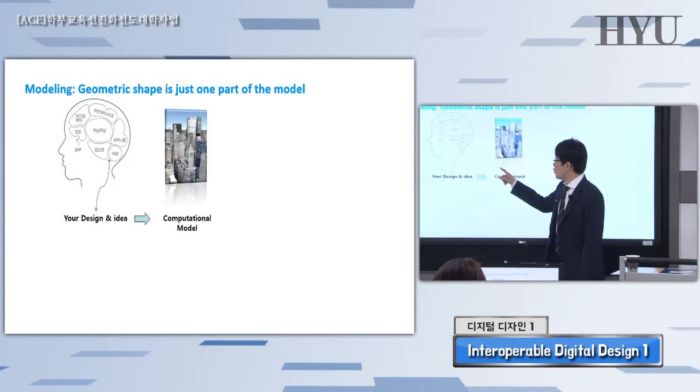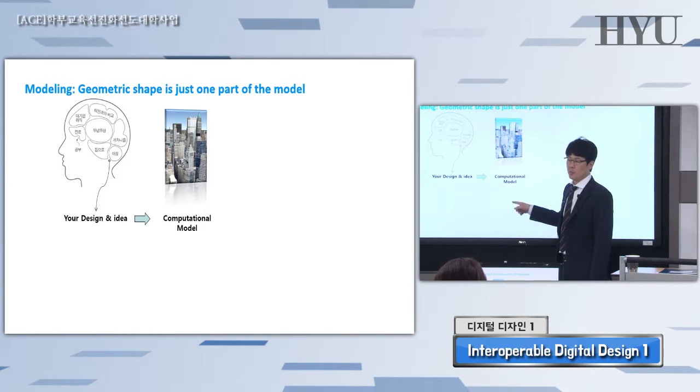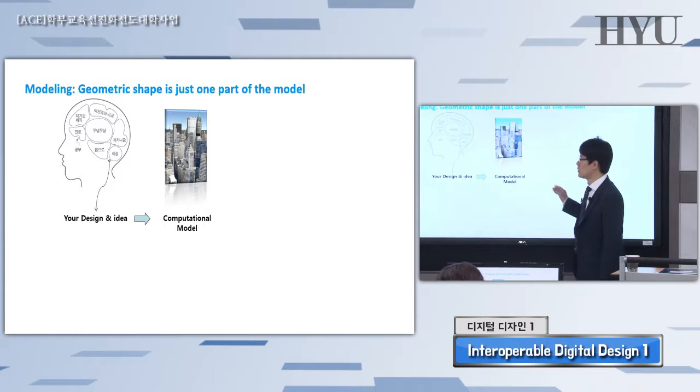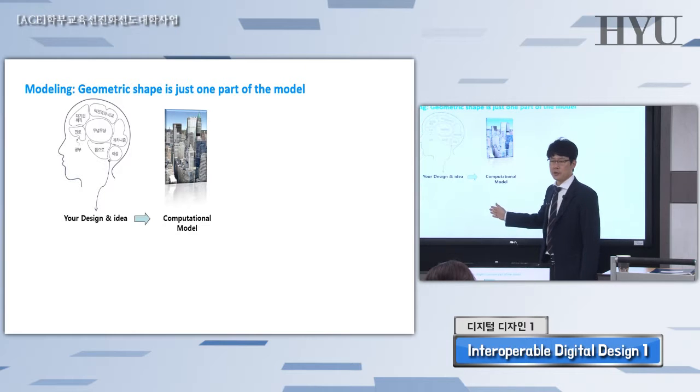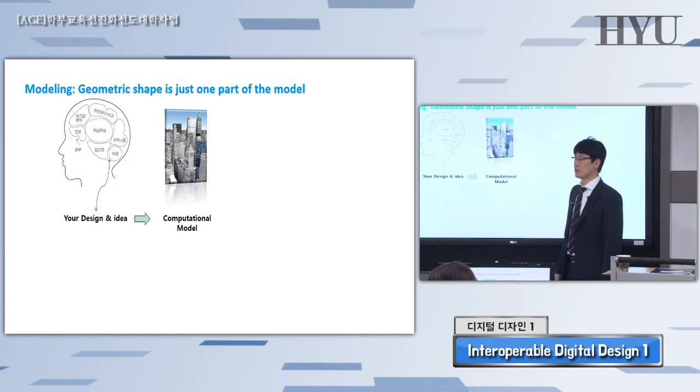But what if you generate a type of computational model which contains everything, okay? Actually, not everything at the early phase of generation. But at the end, this computational model is going to be very information rich. But at the first stage, it's going to be some roughly generated geometry and associated information.